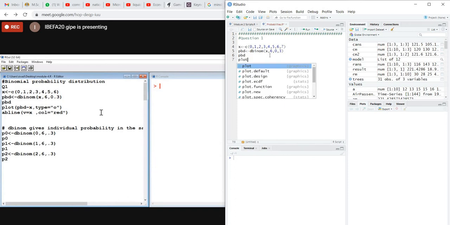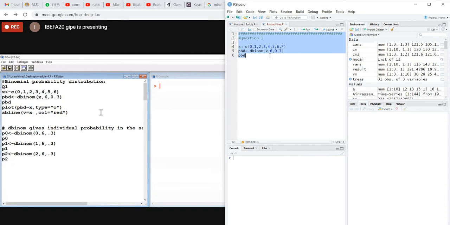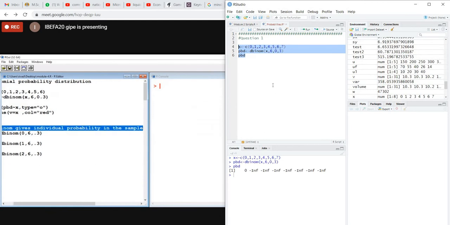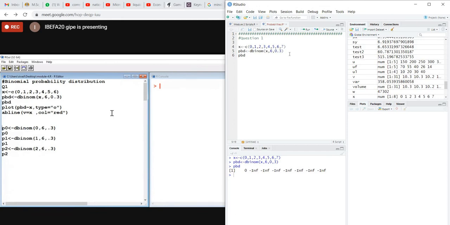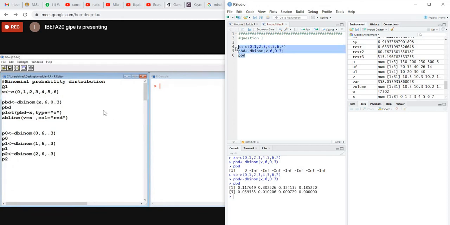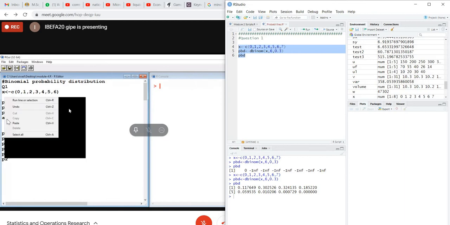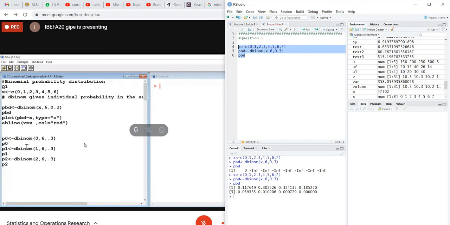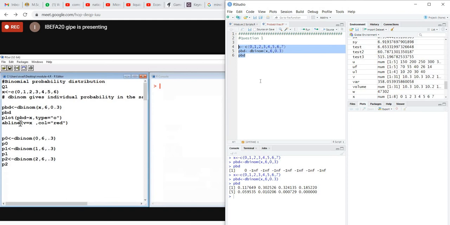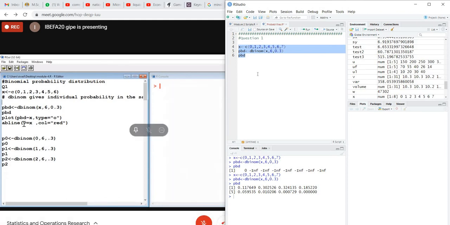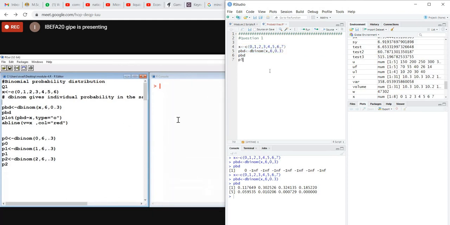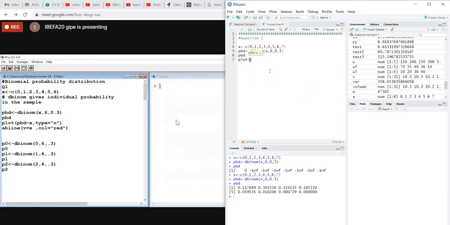So the syntax for probability distribution for every value is dbinom. dbinom gives individual probability in the sample.